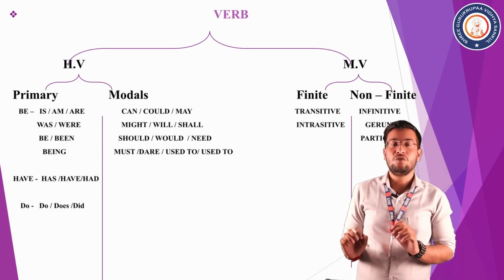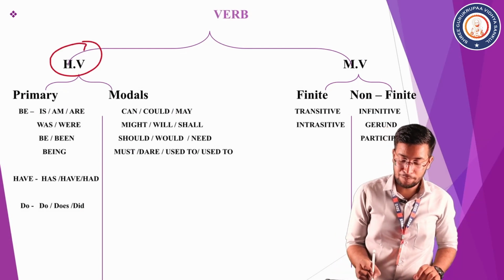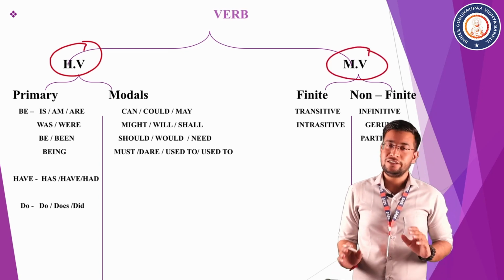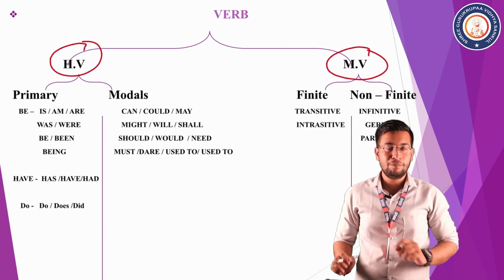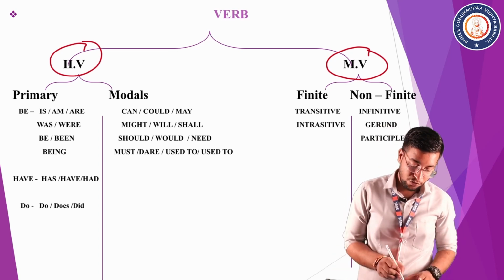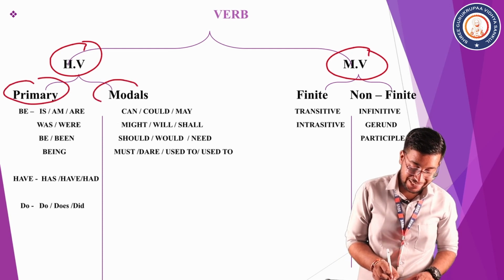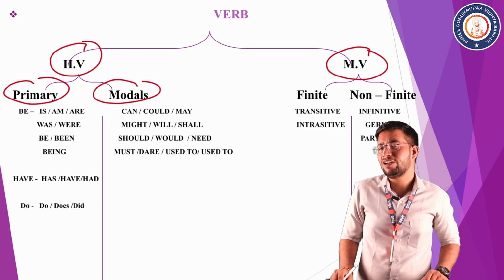Let's understand verb first. We can divide the verbs into two parts, helping verb and main verb. We can further divide helping verb into two categories. First is primary helping verb and second is modals helping verb. How many modals are there in our English language?